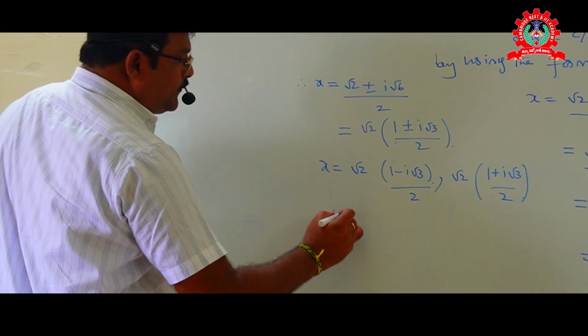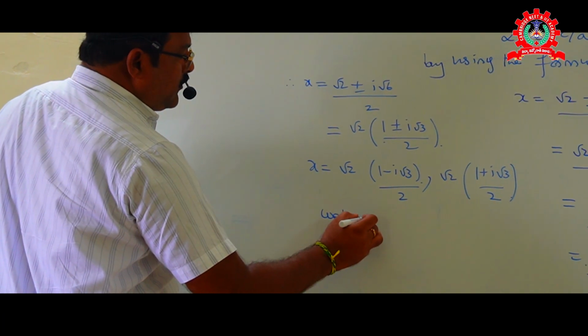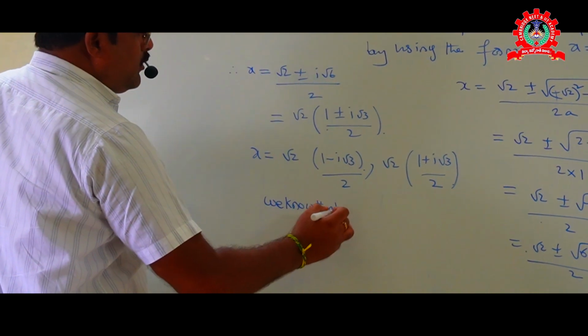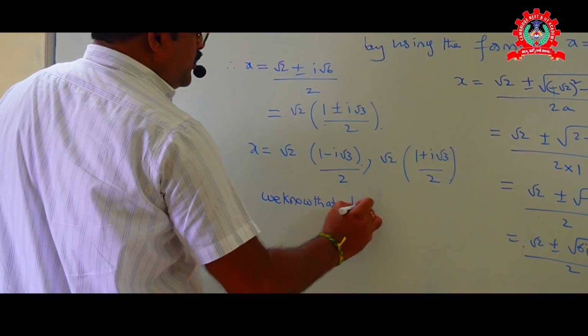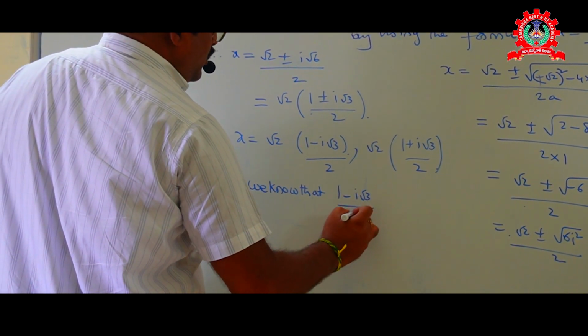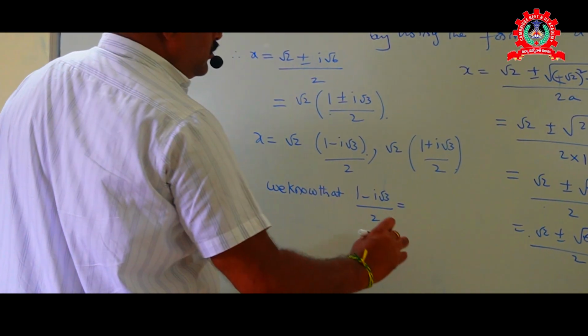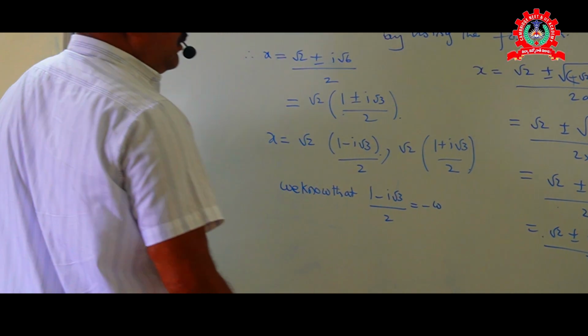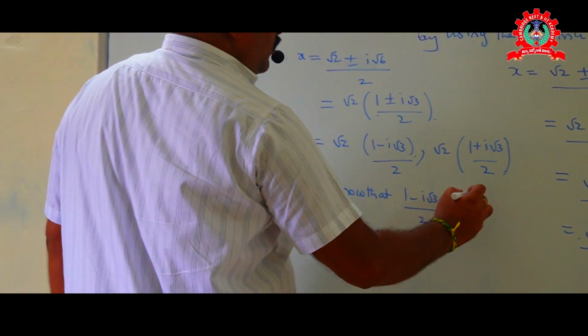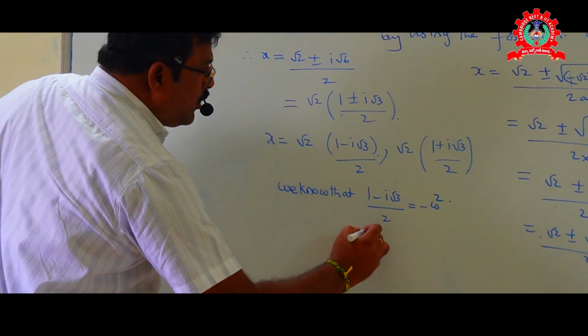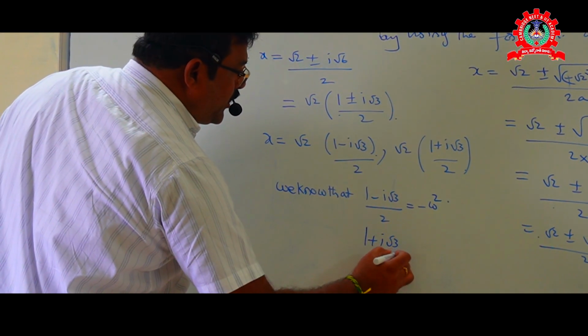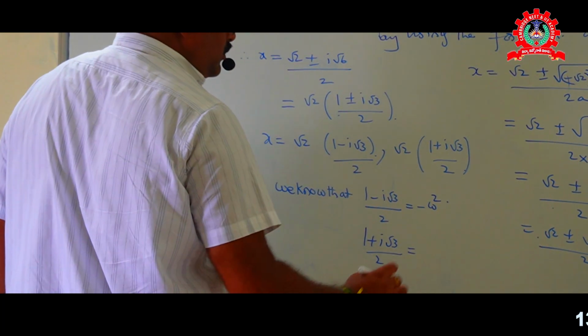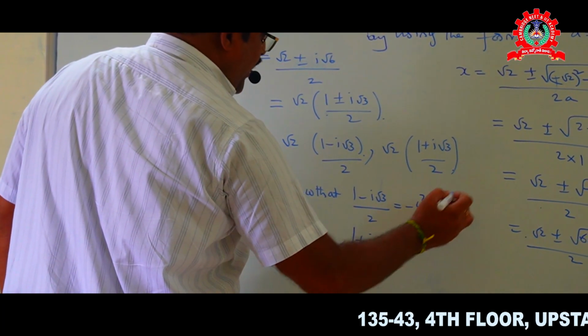We know that 1 minus i root 3 by 2 is equal to minus omega square, and 1 plus i root 3 by 2 is equal to minus omega.